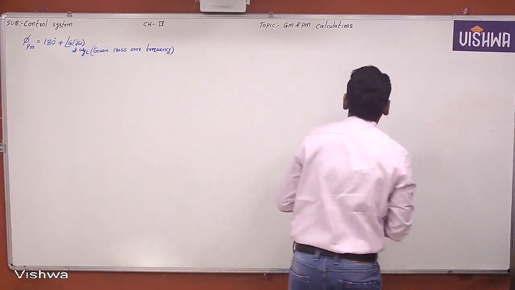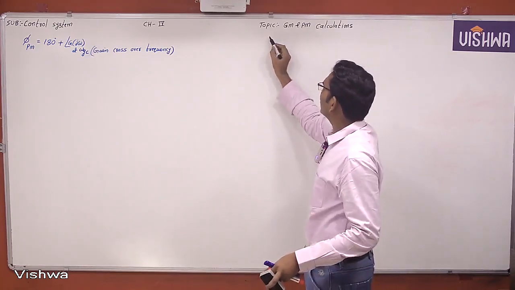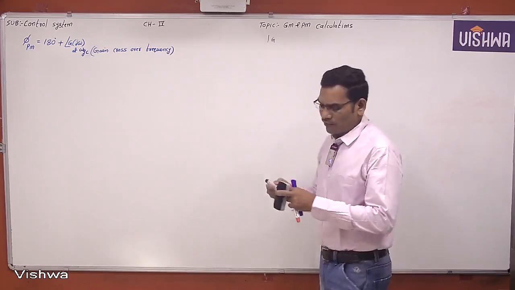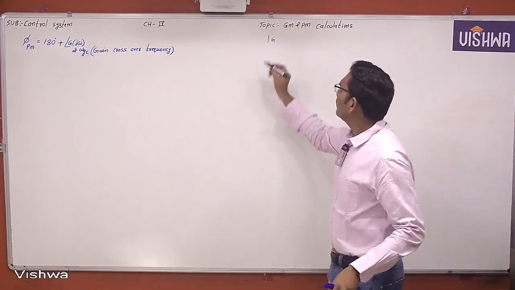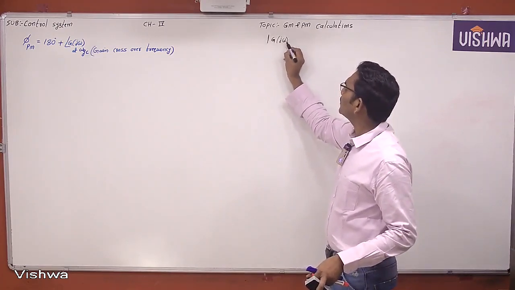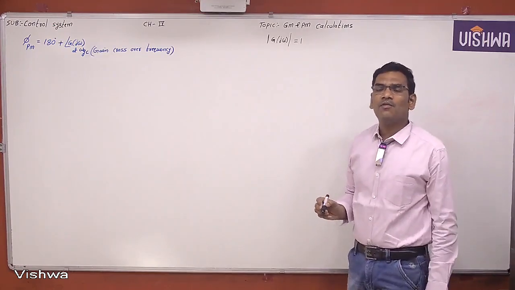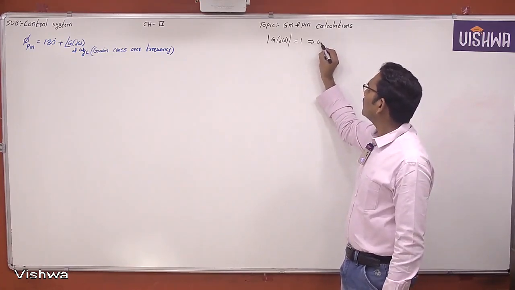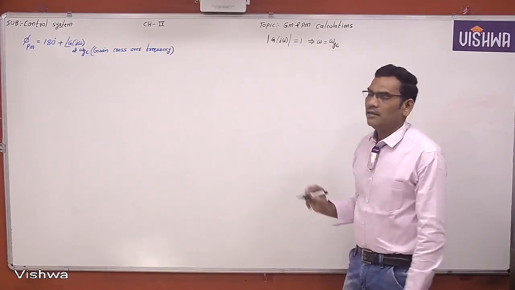The gain crossover frequency is the frequency at which the magnitude of the open loop transfer function is equal to 1. When the magnitude of the open loop transfer function is equal to 1, you can get a frequency. That frequency is nothing but the gain crossover frequency.